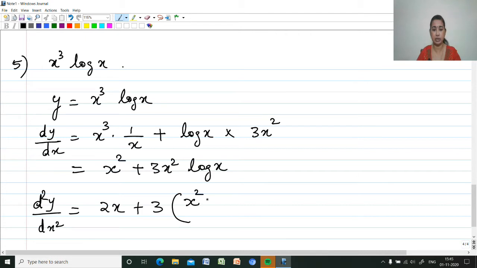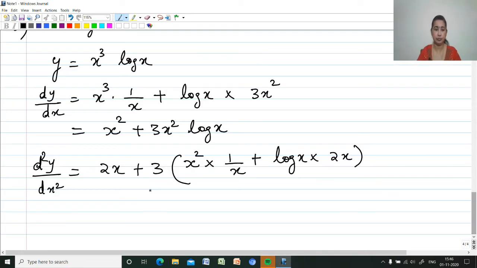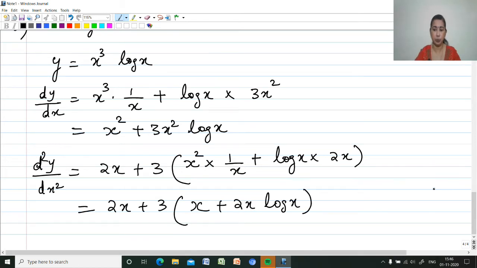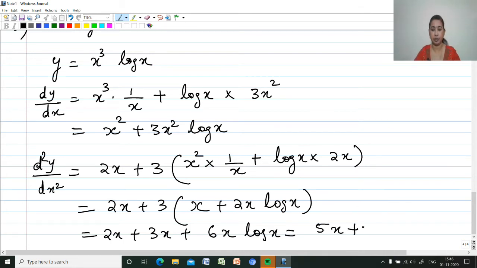So first function into derivative of log x is 1 by x plus log x into derivative of x square is 2x, and that is equal to 2x plus 3 into x square by x is x plus 2x log x, and opening the bracket 2x plus 3x plus 6x log x, that's equal to 5x plus 6x log x.